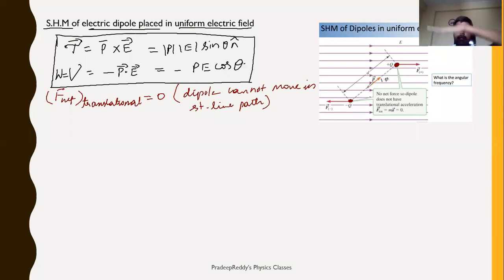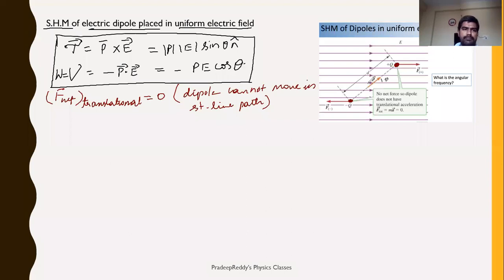Generally the dipole will be placed horizontally whenever you place a dipole in a uniform electric field, and if it is initially horizontal, you make it inclined by an angle pi. So you are disturbing it. When you incline it by an angle pi, there will be torque experienced by the dipole, right?